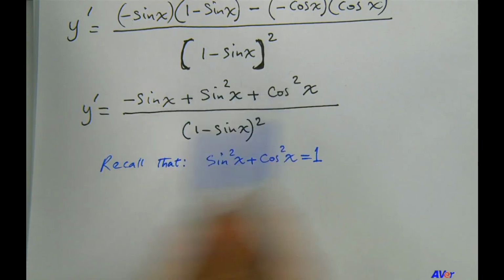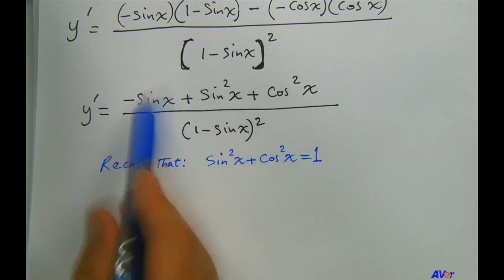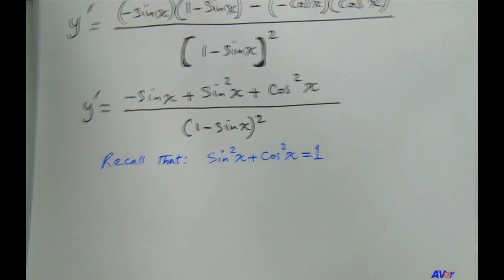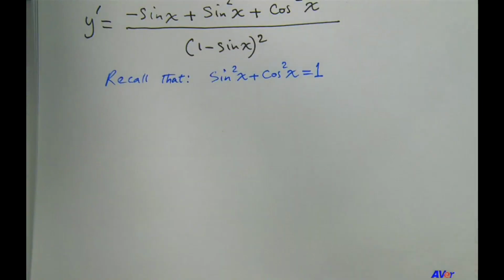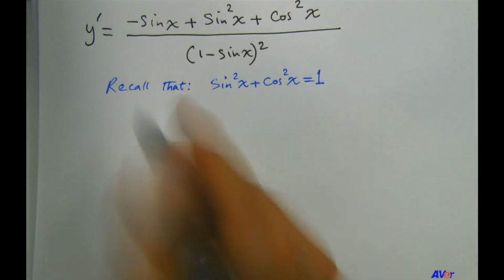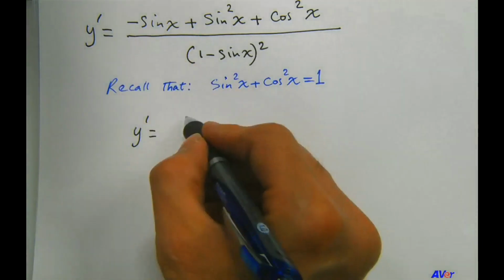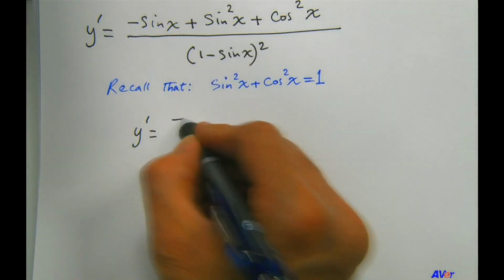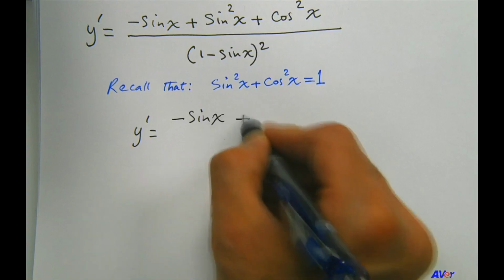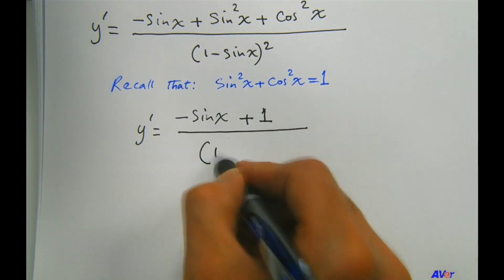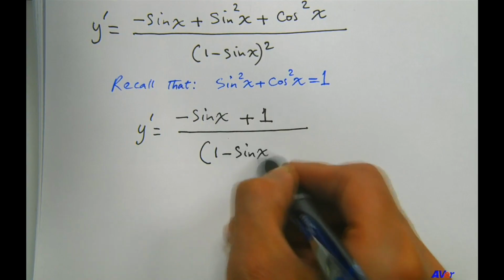So therefore, that helps us reduce what's in the numerator to 1 minus sine of x. So therefore, y prime would be minus sine of x plus 1 divided by 1 minus sine of x squared.